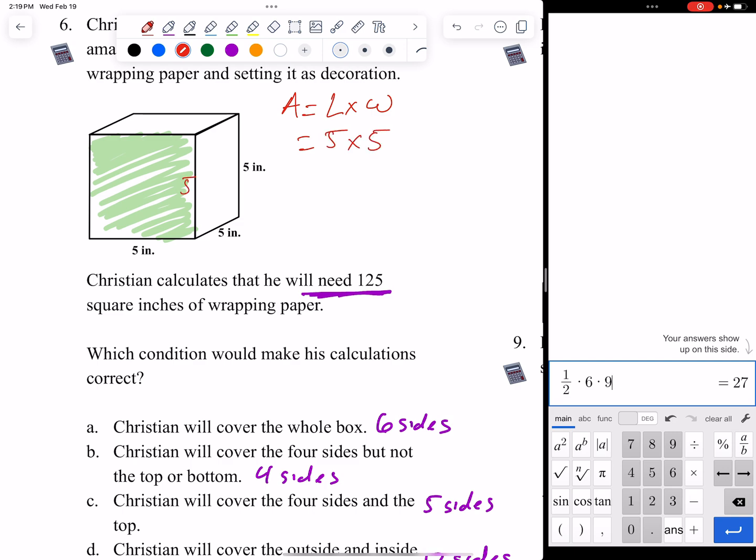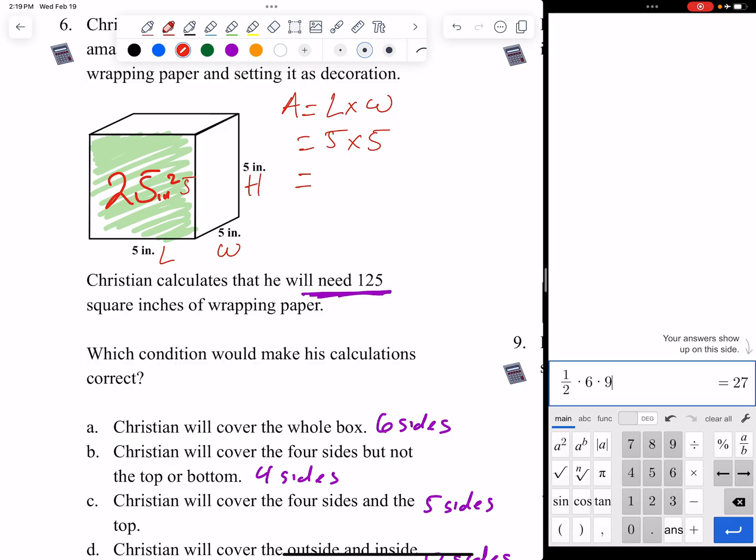It is a 5 by 5, which makes it a square, okay? And because the length, the width, and the height are the same, this is actually a cube. All right, just vocab out there, okay? But I only want one side, so let's see. 5 times 5 is going to give me 25 inches squared.